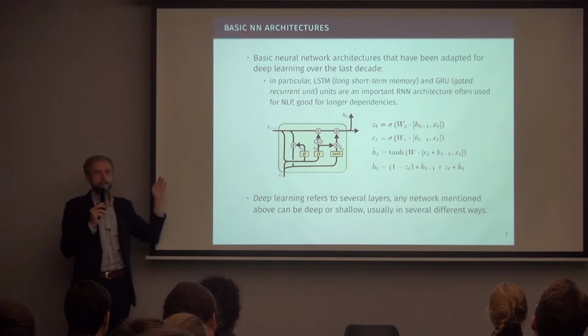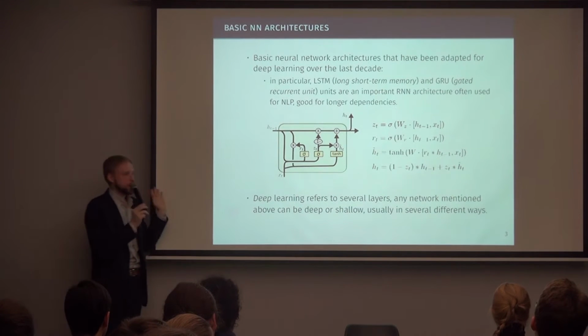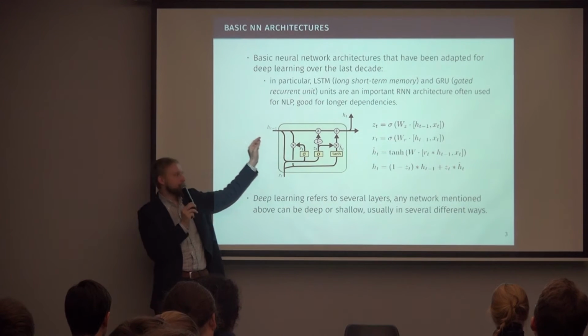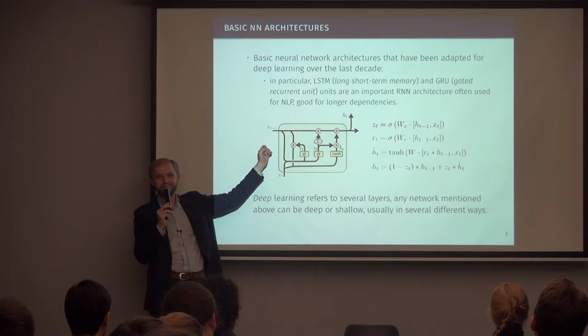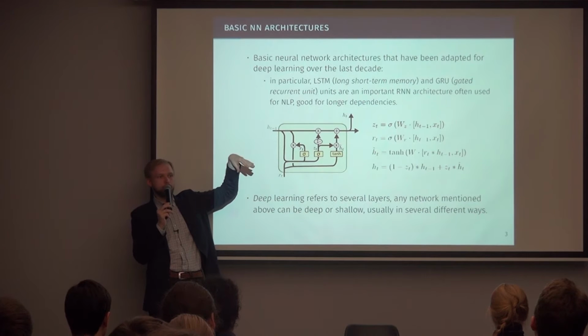The main idea of both LSTM and GRU and all their variations is that we try to avoid the problem of vanishing gradients by simply not having this matrix of recurrent weights that is applied to the hidden state on every step.